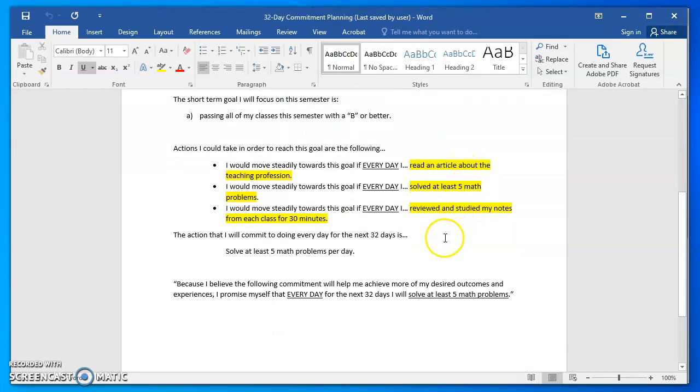So the big piece to the 32-day commitment is this section right here: actions I could take in order to reach the goals that I have, or in particular this goal that I'm focusing on right now. Actions here are really important for you to think about. Actions are something that are verifiable.